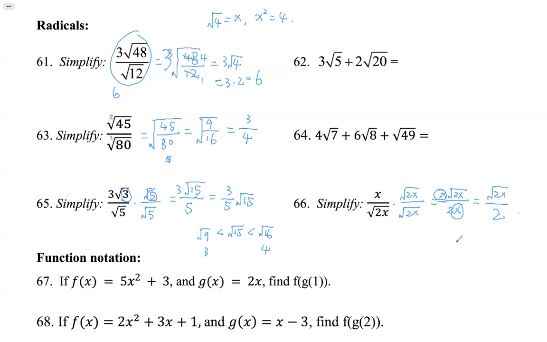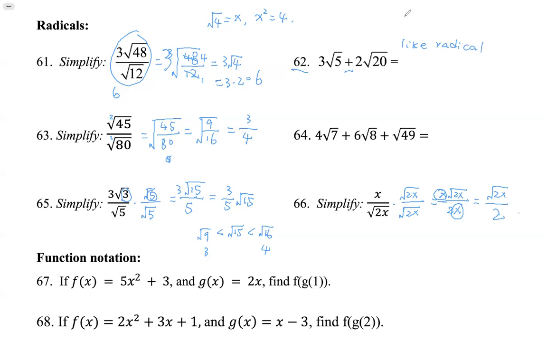That's the simplified version. Now let's go to 62. This is addition. Addition requires like radicals, like terms, right? Before, in polynomials, we called them like terms. If you have like terms, we can combine them. Similarly, if we have like radicals, we can combine them.